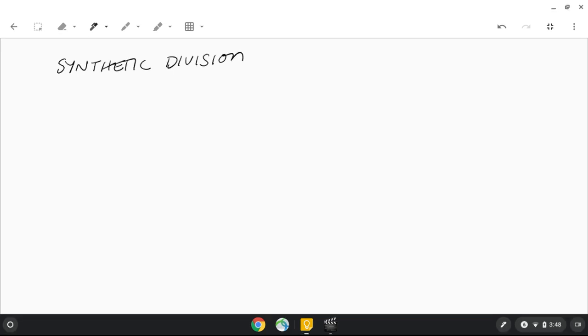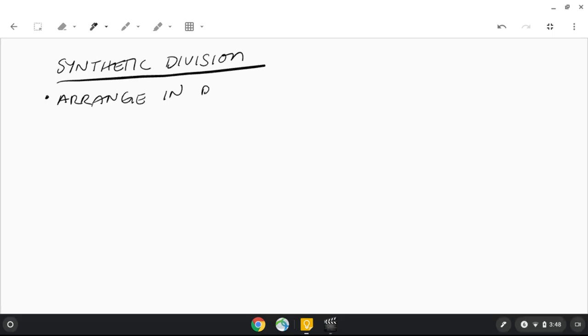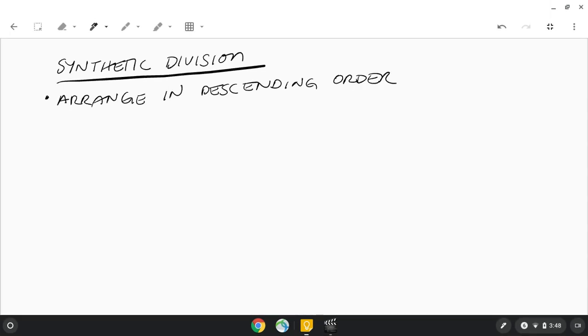With synthetic division, you definitely want to arrange it in descending order as well, and you also want to make sure that you use the 0 placeholder for missing terms.